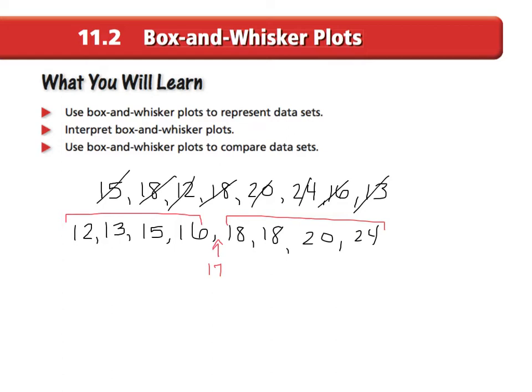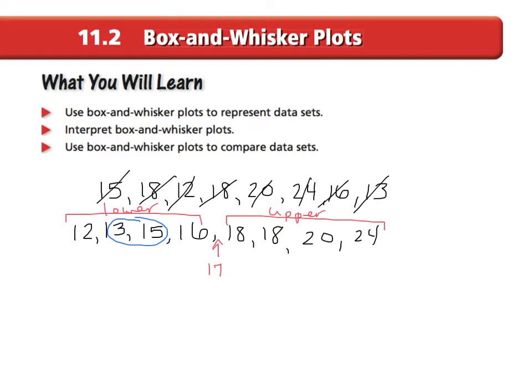Now from there, we've taken our data and we've separated it into 2 halves. This is called the lower half, and this is called the upper half. From there, we want to find the medians of each of those halves. So we're going to basically separate this all into fourths. So the median here would be taking these 2 numbers, 13 and 15, we would get 28, and we take the average.